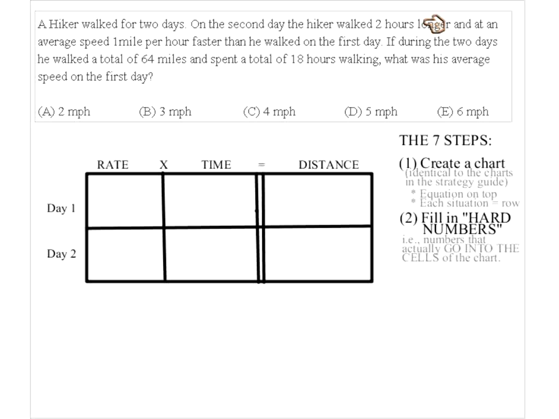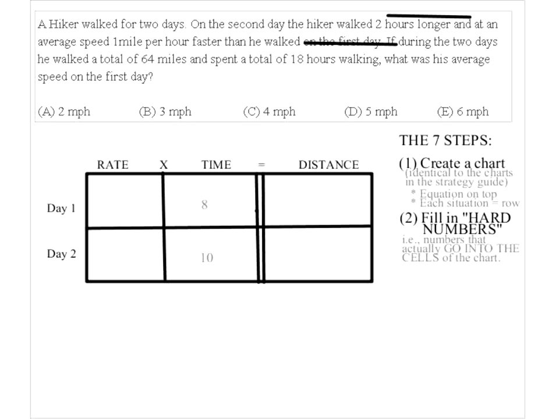It's 8 and 10. If you had to use equations to figure out that kind of thing, you could, but hopefully you can just eyeball it and figure it out. So 10 hours. What we've used is the 2 hours longer and the total of 18 hours. Those are hard numbers.